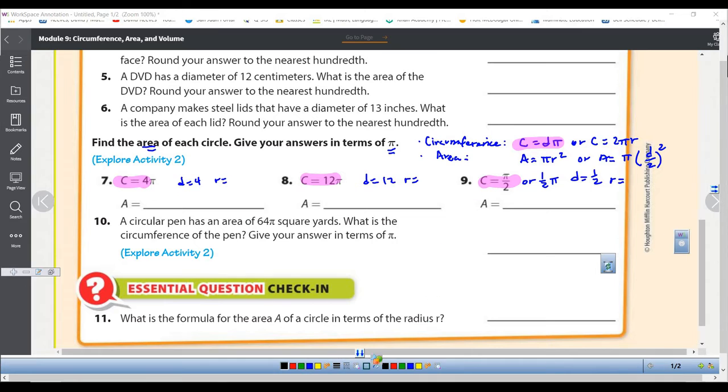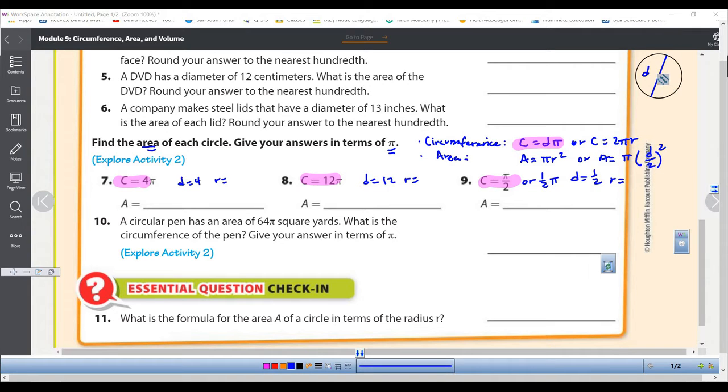Remember, when you have a circle, let me go ahead and make a circle right over here. If you have a line segment that goes all the way across the circle from one end to the other, that is the diameter.